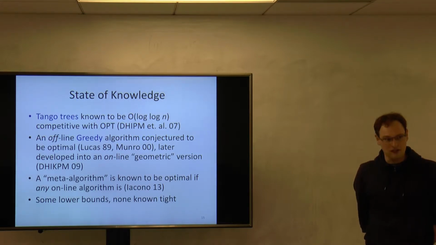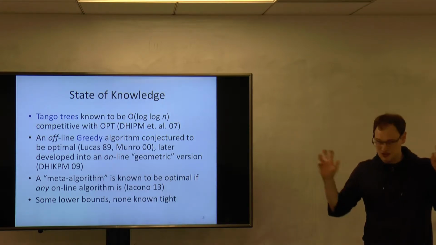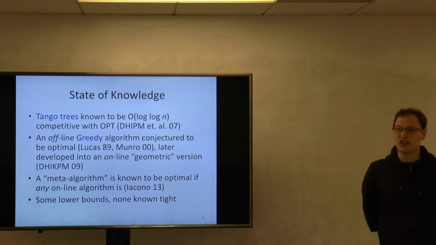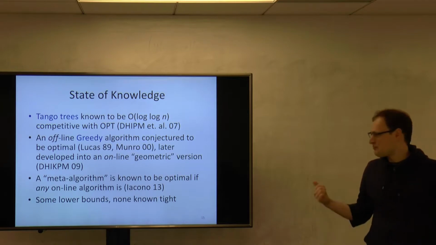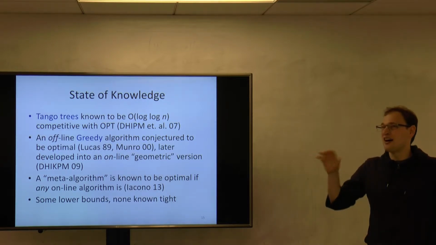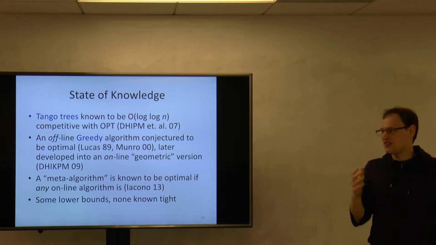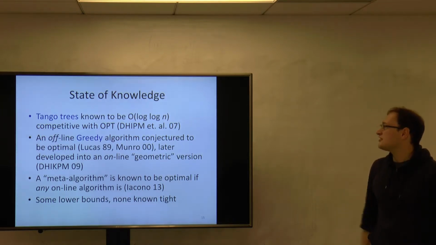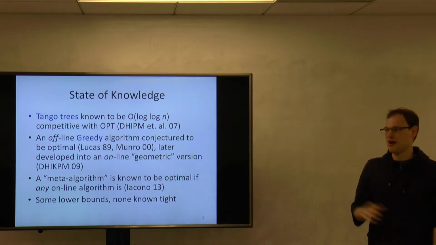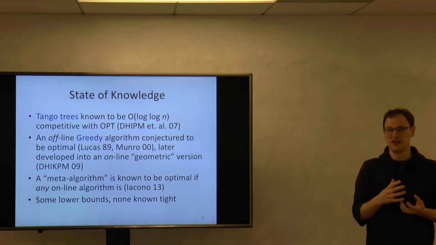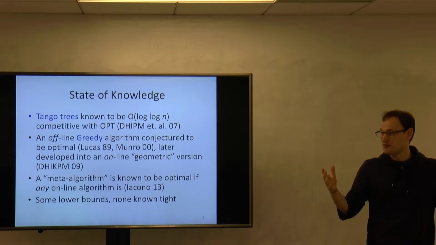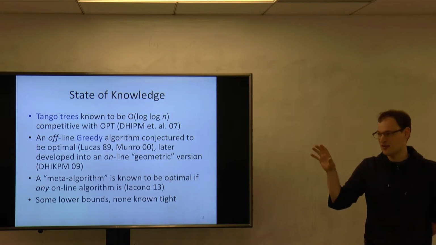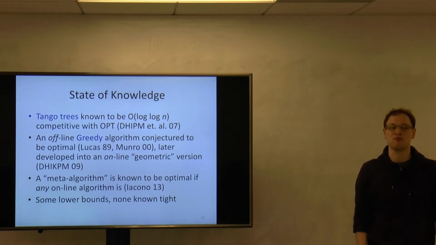There is an offline algorithm, colloquially known as greedy, which is conjectured and generally believed to be optimal as well. And Demaine and company turned this into a kind of online algorithm, recasting this binary search tree model in a very different way in terms of geometric point sets and finding a satisfied superset of some collection of points on the plane.